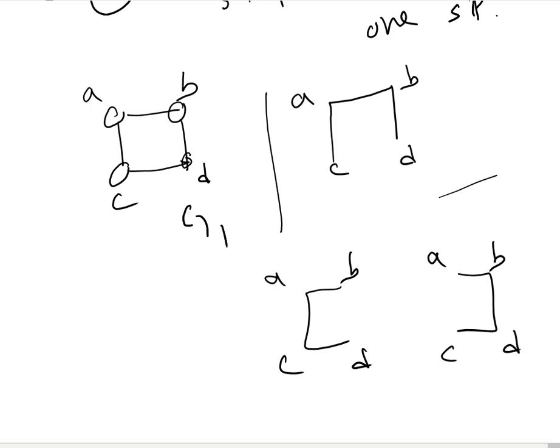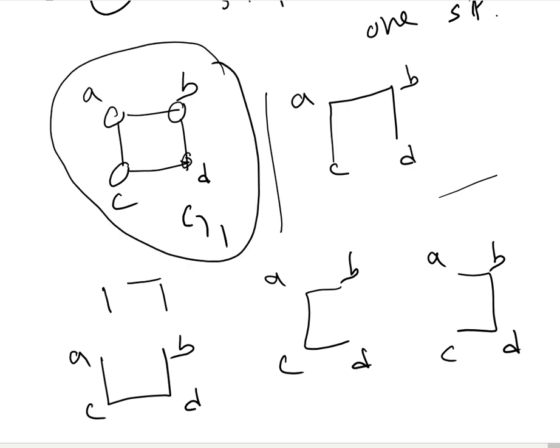A, B, C, D. So how many are existing here? This is done, and all the sides are done. One more may be like this one. A, B, C, D. Like this we have more than one spanning tree for this graph G1. So this is a spanning tree.